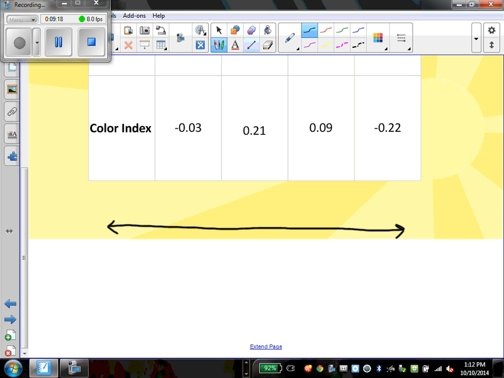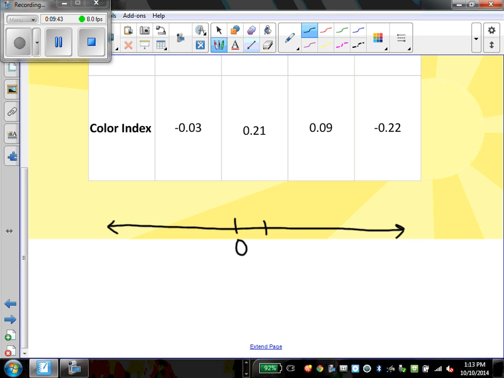So just like before, we do need to make sure we put a scale on our number line. And because our numbers here are so very small, we want to think about possibly using a smaller scale. So I'm going to place 0 here in the middle. And then I'm going to count by 0.05s.